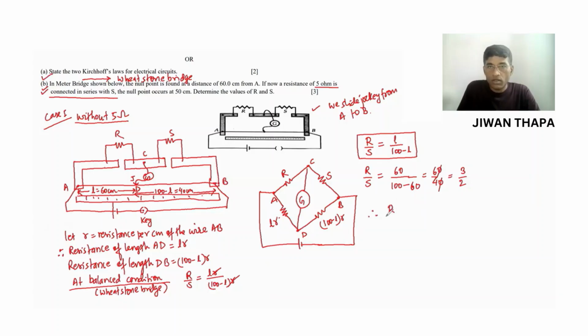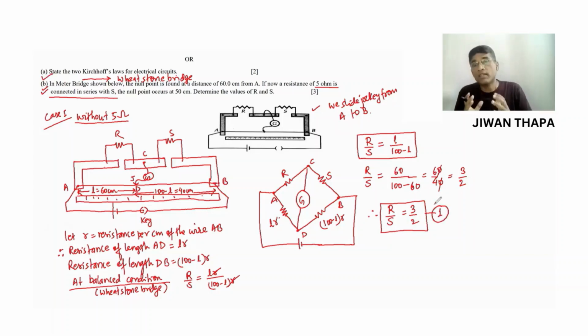Therefore, R by S equals 3 by 2. So without 5 ohm in series with S, we get this result. So let's call it equation 1. So we have this. Okay.